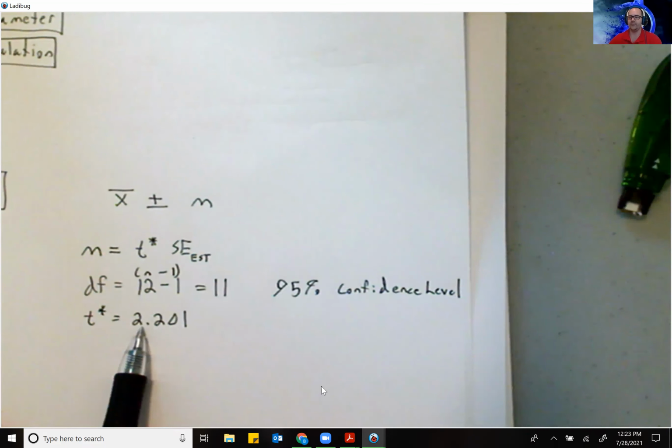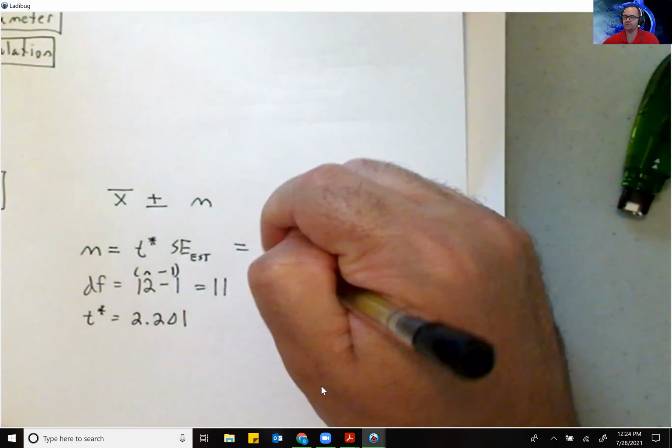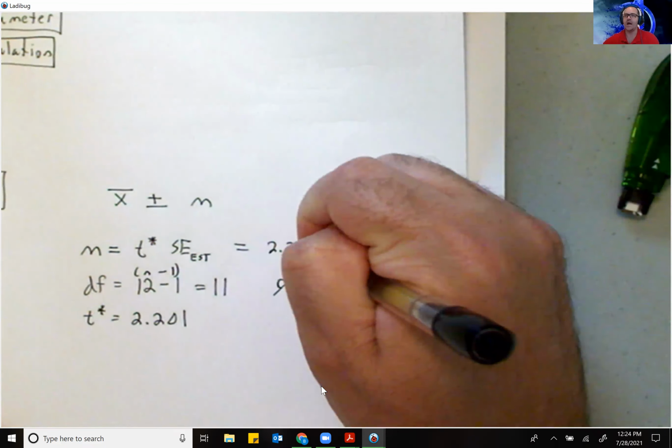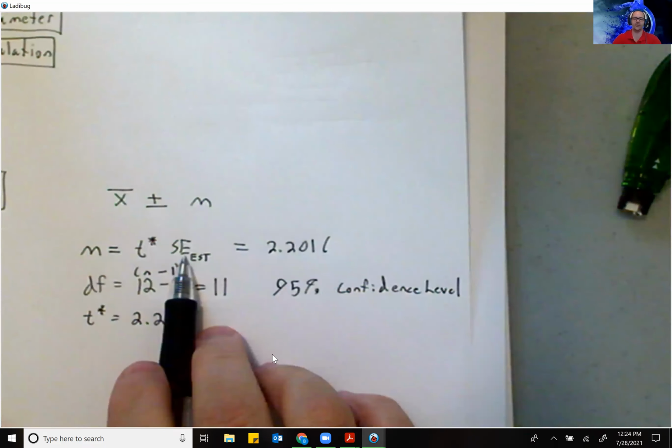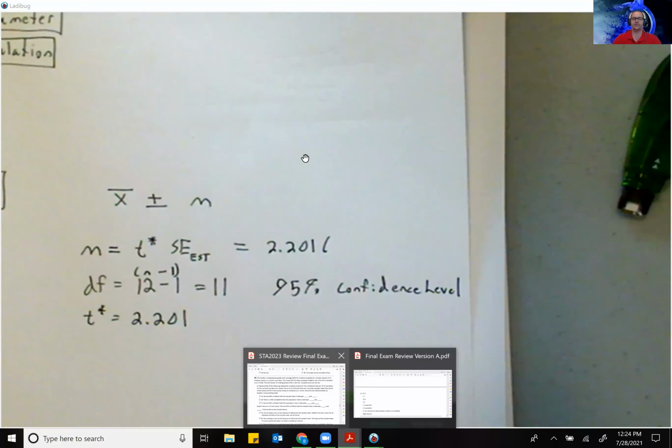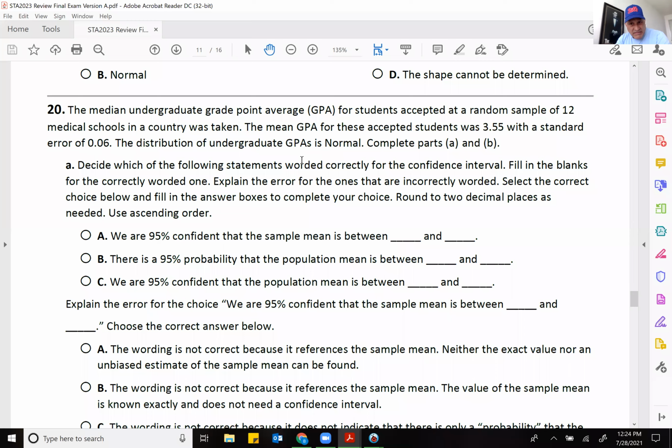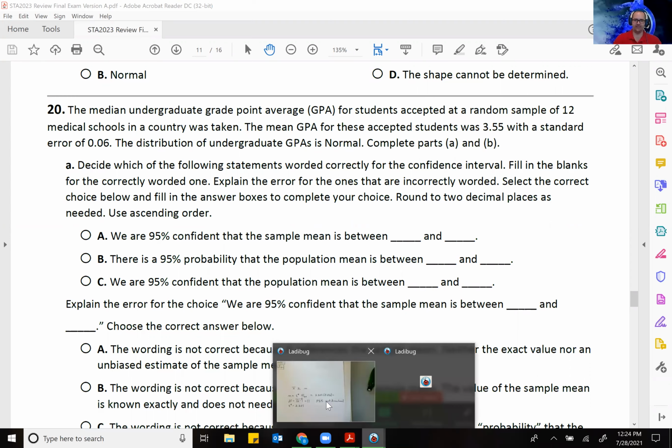So now to figure out M, all I need to do is take 2.201 times our standard error, which, what was our standard error? 0.06. And that will be the M value. So go to your calculator for me real quick and find that M value.